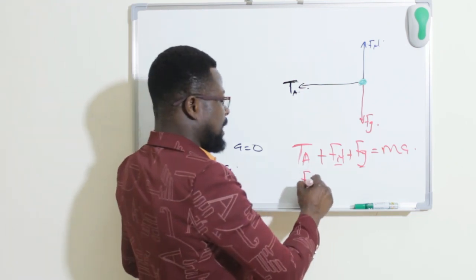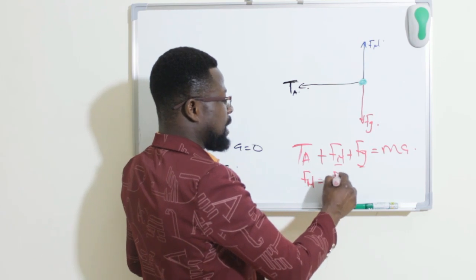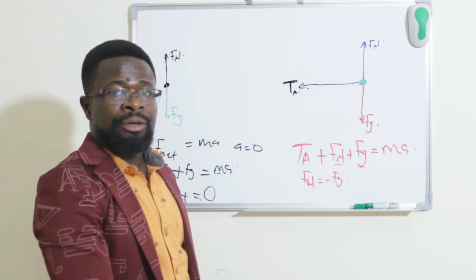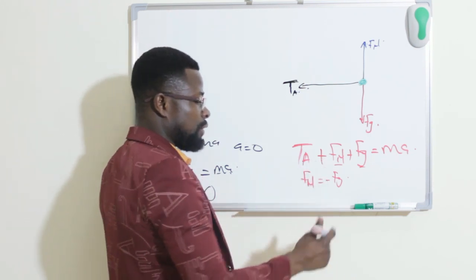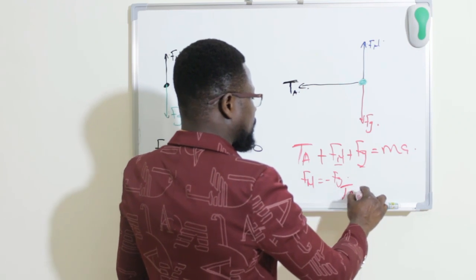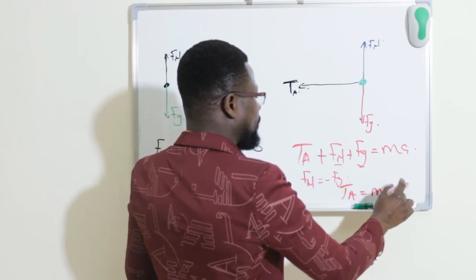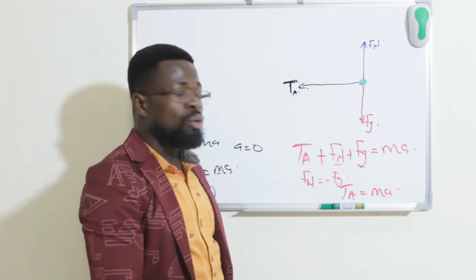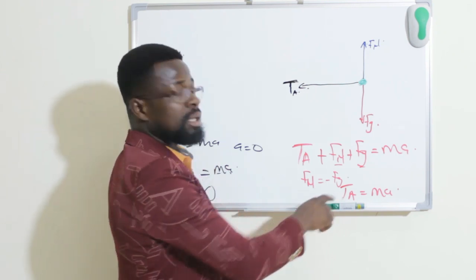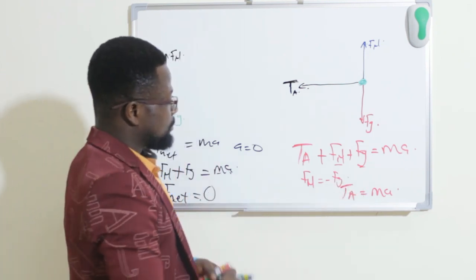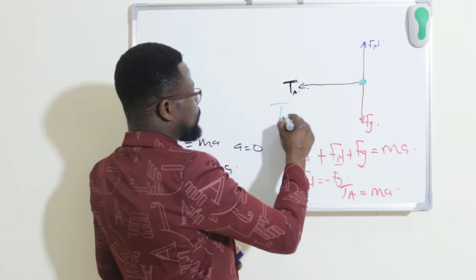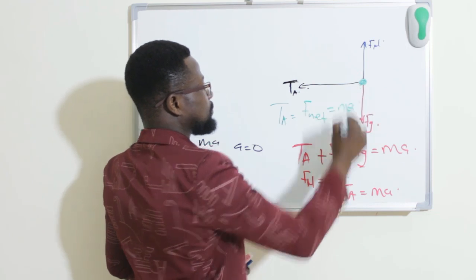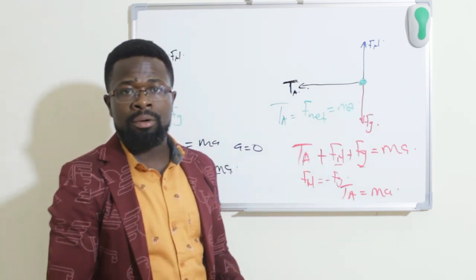So if Fn is equal to negative Fg, it simply implies that here this becomes 0. And if that is 0, what we have here is TA being equal to ma, which simply implies that our net force is equal to the applied force. So here TA is equal to F net equals ma. And that is it in this scenario.